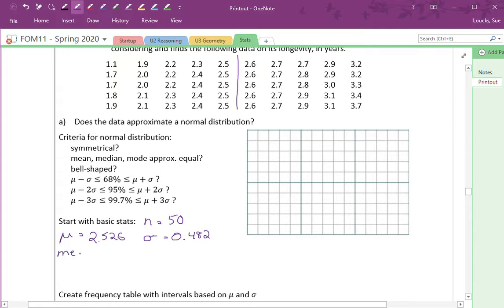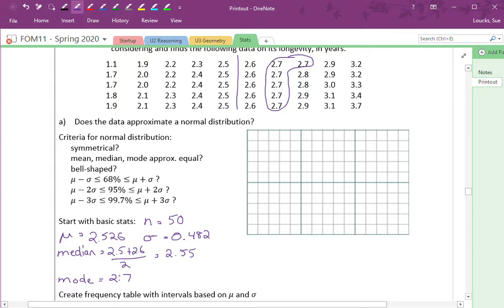So the median equals (2.5 + 2.6) divided by 2, which is 2.55. And the mode is the one that shows up most often, which is 2.7. We look at that, that's our mode right there, 2.7.